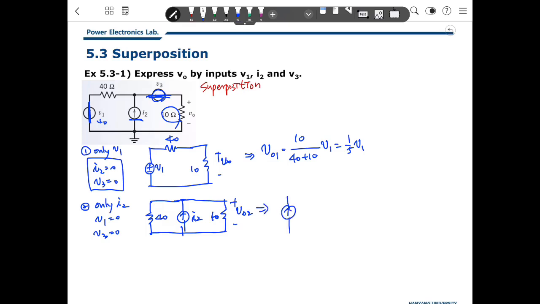So that can be redrawn here: I2, 40, 10, this is VO2.